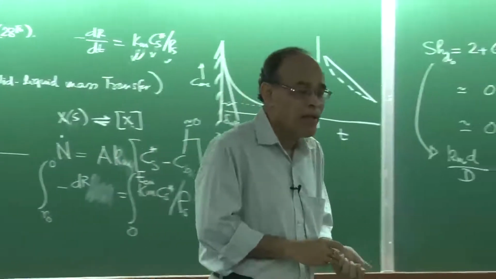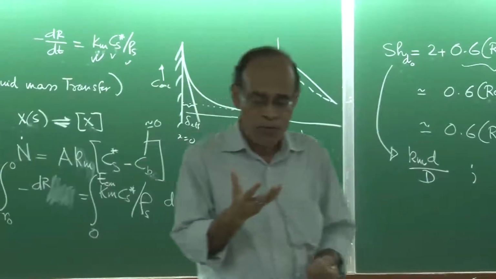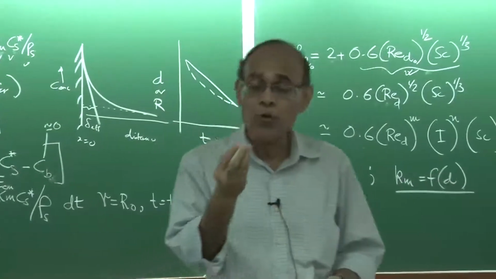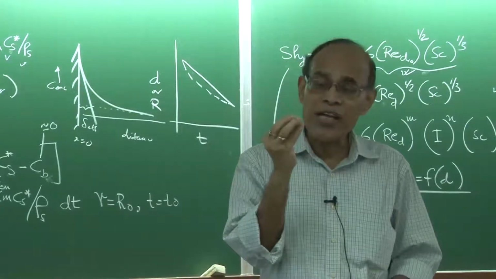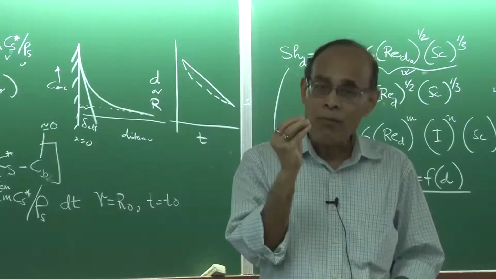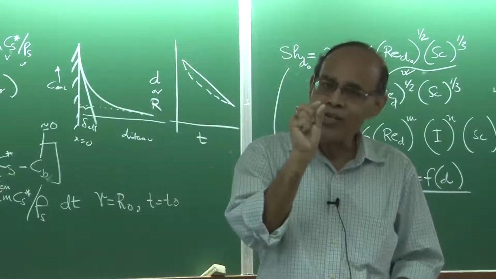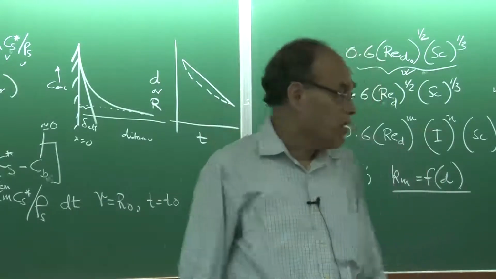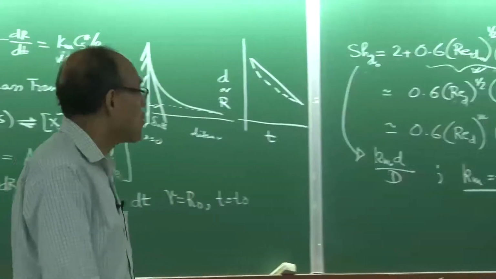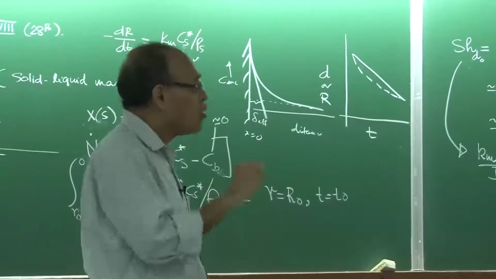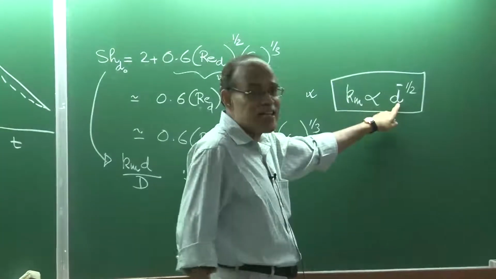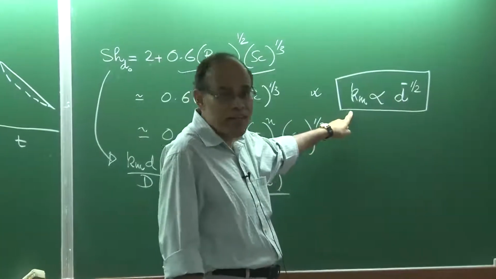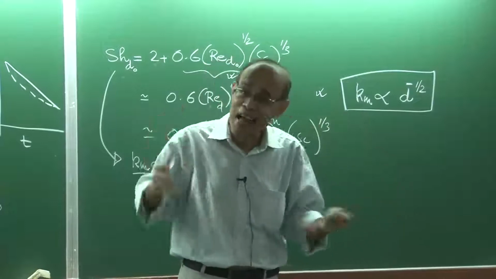For example, in cupboards, when you put mothballs, initially the mothball shrinks very rapidly, but the last trace, when it becomes very, very small, does not really evaporate, or the mothball seems to maintain its size, particularly when the diameter is small. But we see here that as diameter is getting smaller, the mass transfer coefficient should get larger, but that is a scenario.